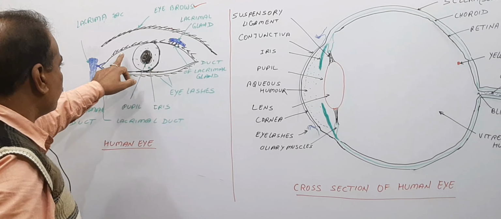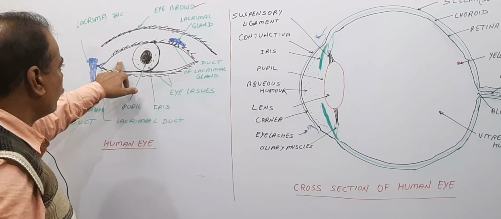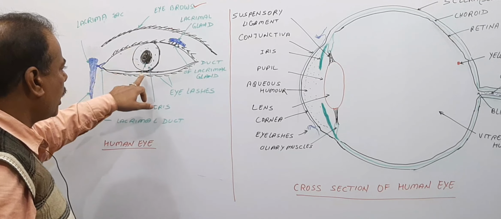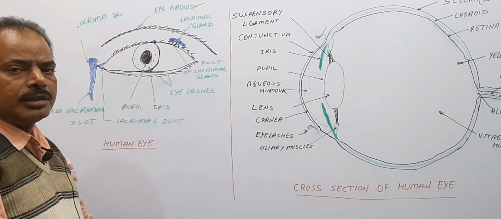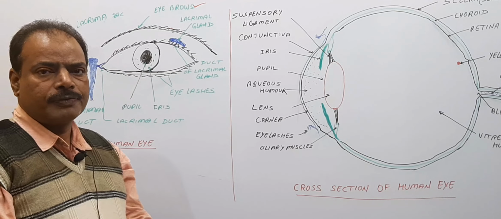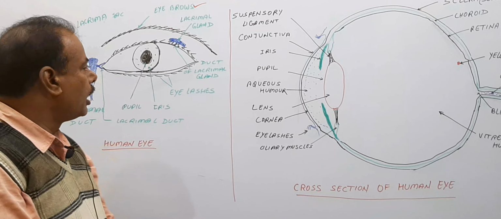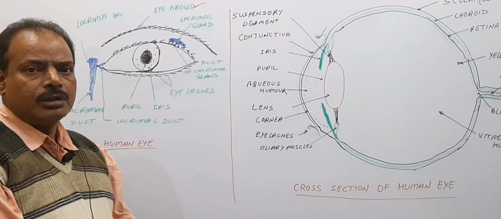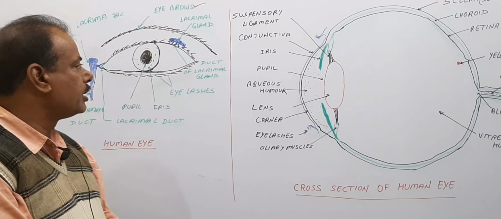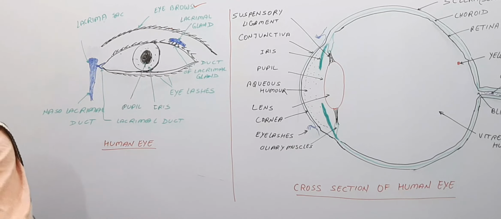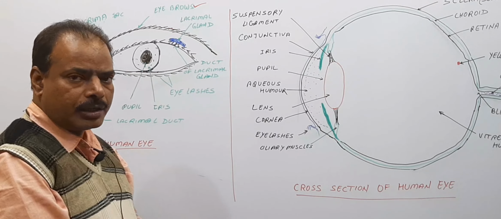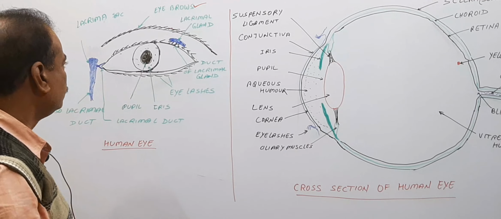Next, here this is the eye, and here eyelids. These are upper and lower eyelids, and these eyelids are made up of epithelial tissue, and they help in shutting down the eyes to light, as well as preventing entry of different particles inside the eye.